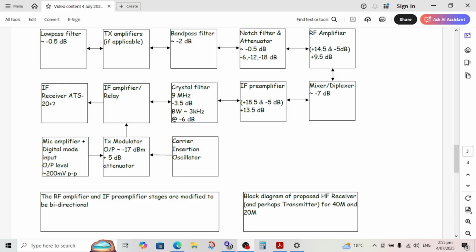The carrier insertion oscillator could possibly be made using a crystal oscillator, or alternatively an SI5351 based oscillator. A possible microphone amplifier or digital mode input could then feed the transmit modulator.